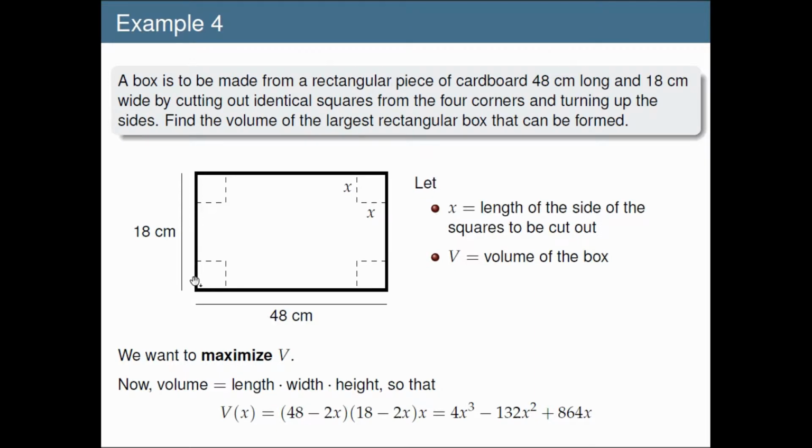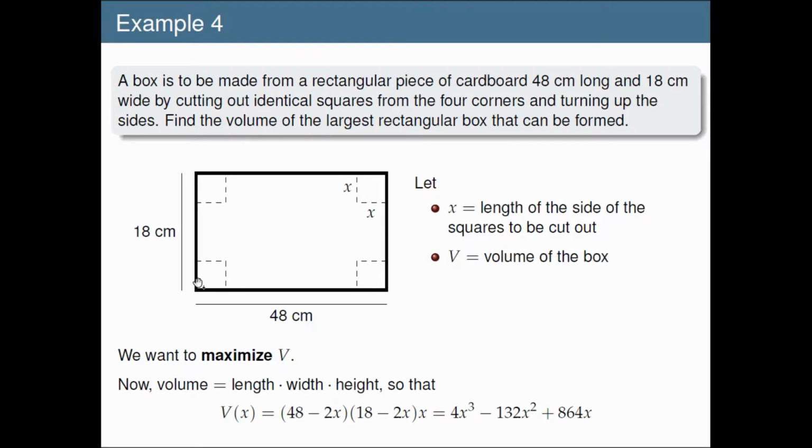Since x is the length of the side of the square, kailangan yung x hindi lumampas dun sa kalahati ng side na to, since we should be able to cut two squares along this side.